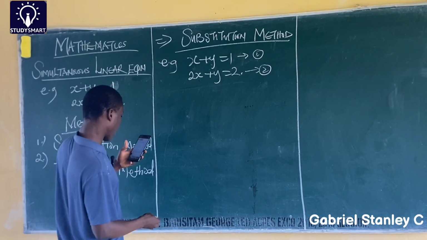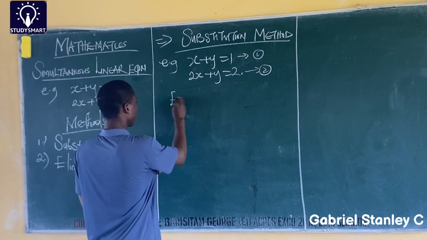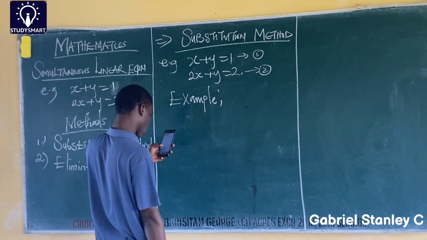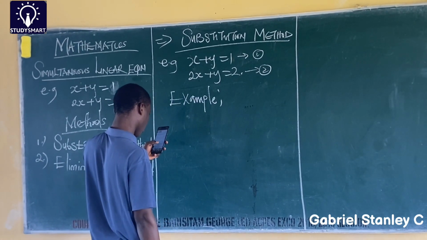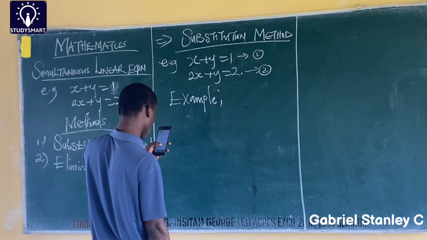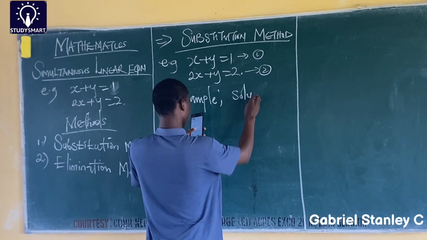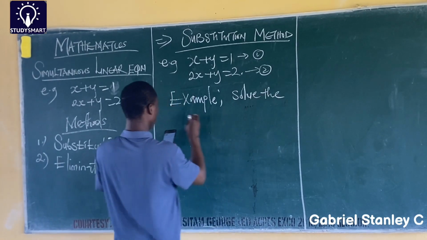Alright, so we'll be taking some JAMB past questions. Let's take this example. The question says, solve the simultaneous equation.